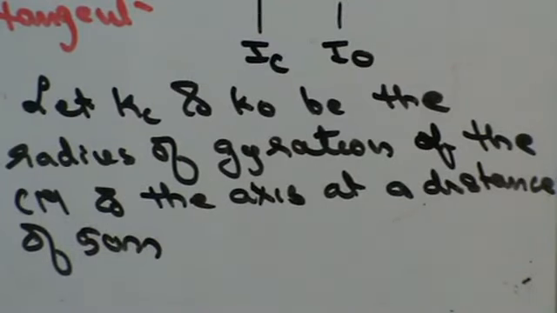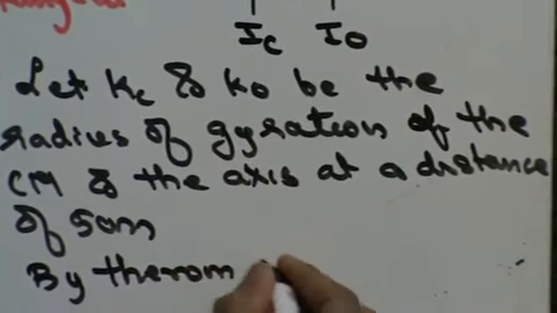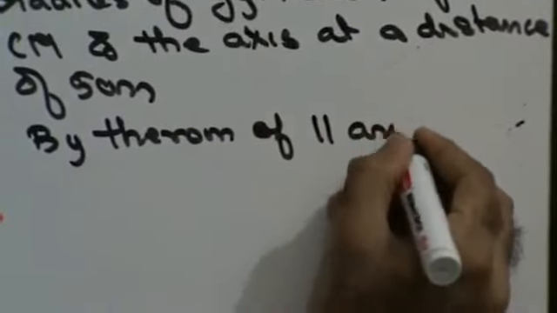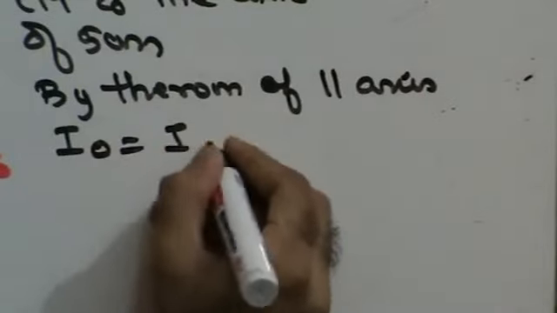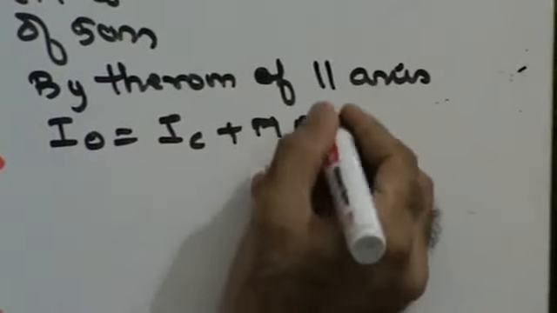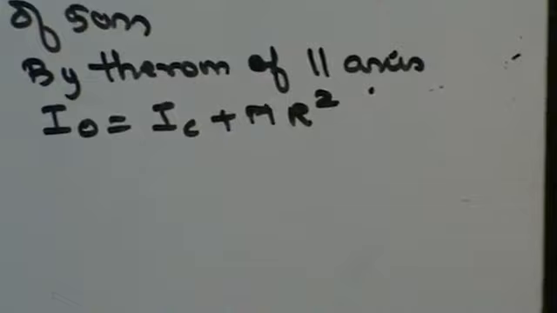By theorem of parallel axis, IO is equal to IC plus MR square. Now, IO is going to be nothing but M into KO square.